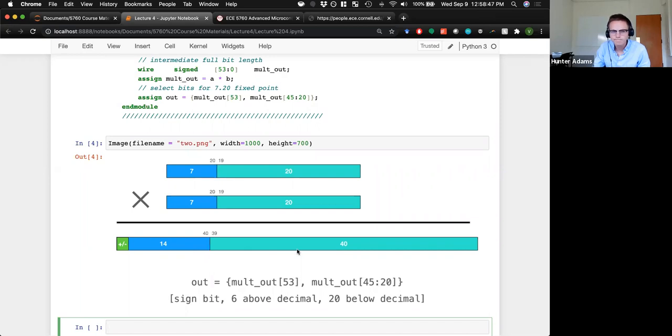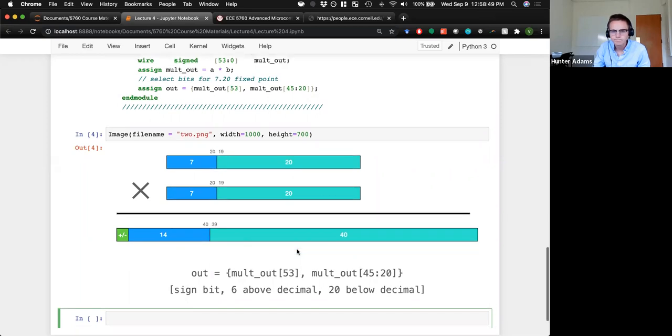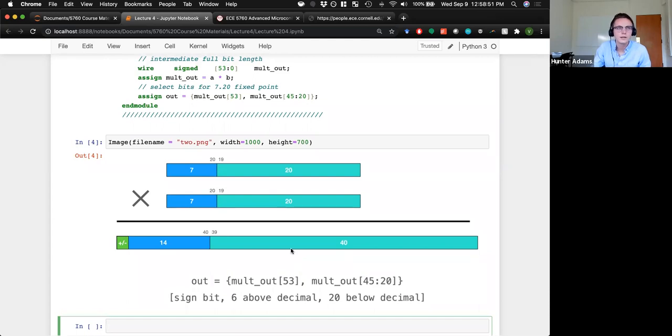Does this make sense? So suppose that these were not 7.20, but in future labs, I think the next lab we use 2.16 fixed point. So that means 2 bits above the decimal, 16 bits below the decimal. If we were to multiply 2 of those, the intermediate output would have 4 bits above the decimal and 32 bits below the decimal, right?